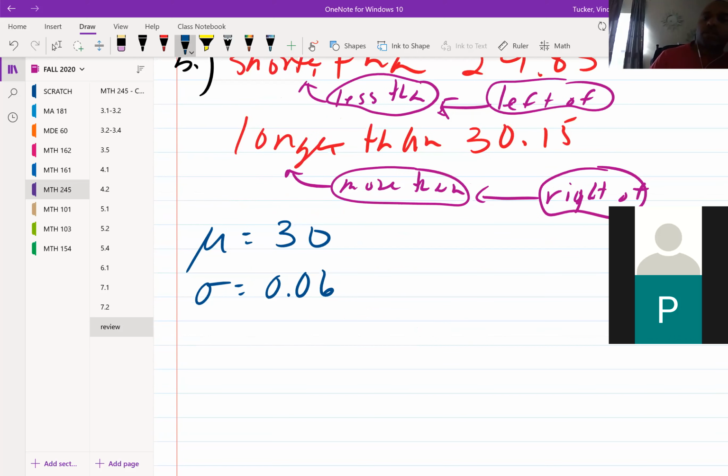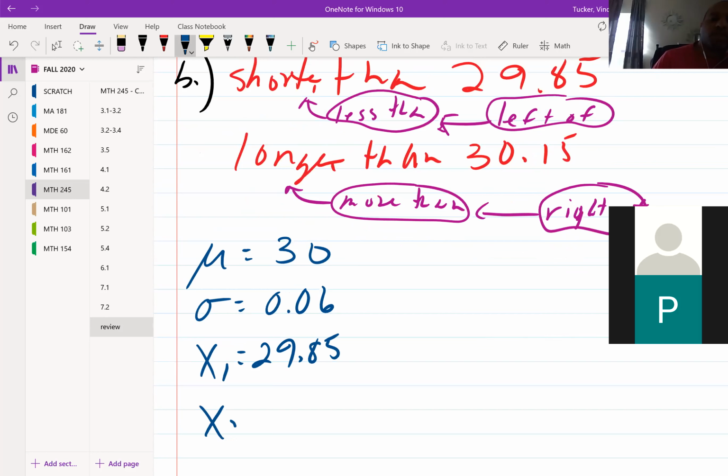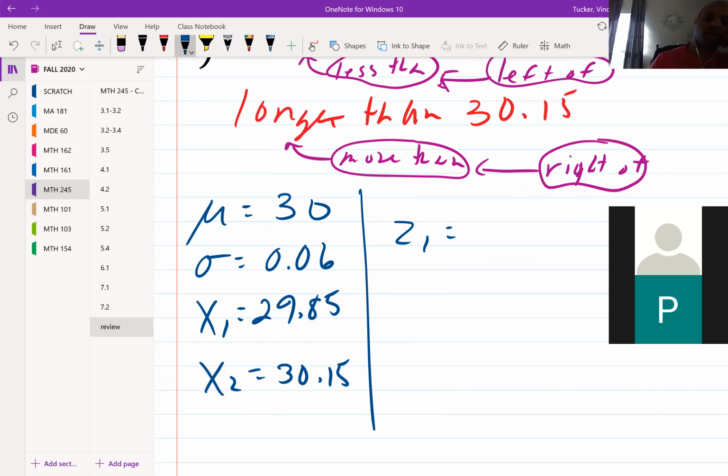All right, so let's write it over here. x1 is 29.85, x2 is 30.15. So the first z-score: 29.85 minus 30 divided by 0.06.